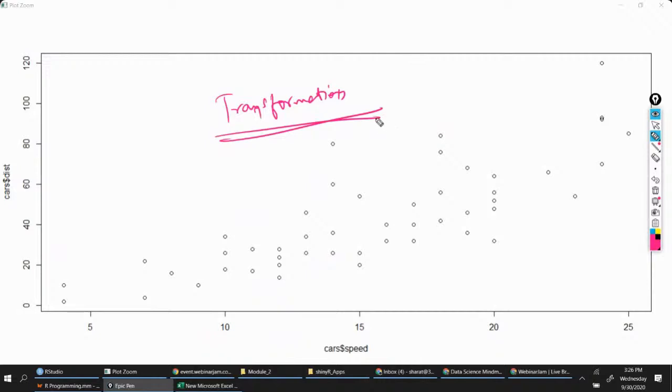We already did this with the normal QQ plot, which verifies whether the data follows a normal distribution or not. And in order to make the data follow normal distribution, we altered the magnitude of the data. So that's exactly what we are doing here.